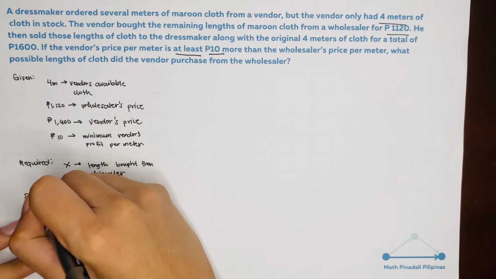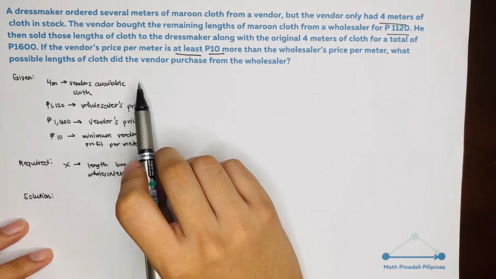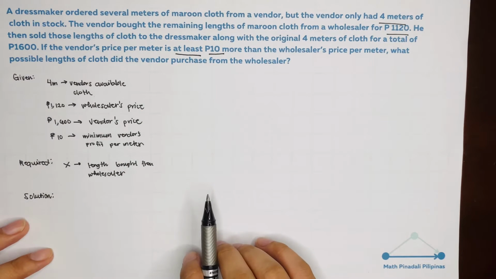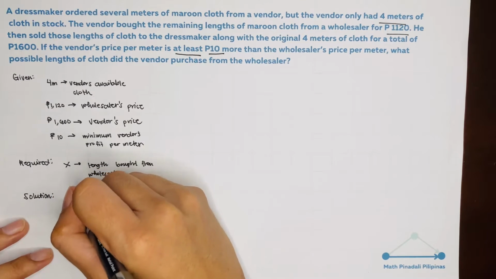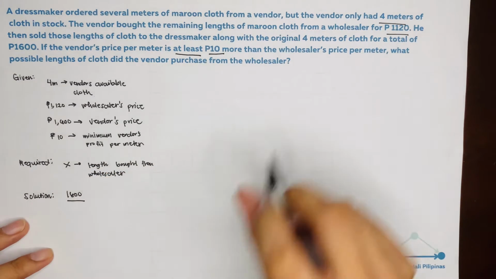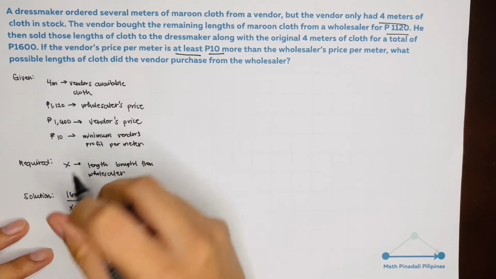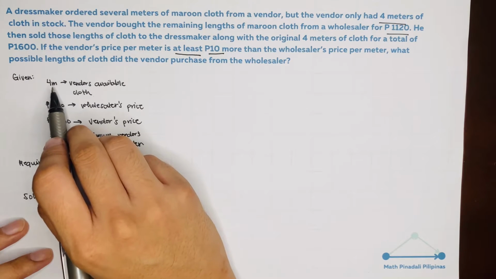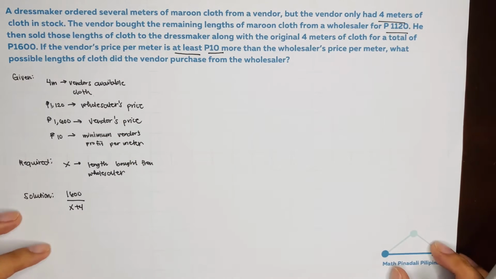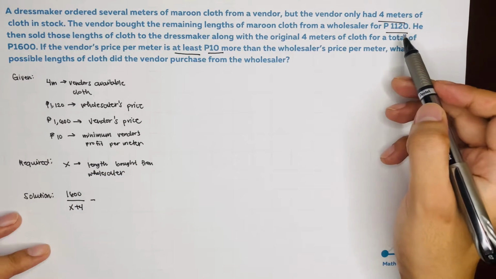let's set up our inequality. To solve this, alamin natin kung magkano nga ba ang bentahan ni vendor ng kanyang cloth. So we have 1,600 over total cloth ng binenta niya, X plus 4. So yung X, ito yung binili niya sa wholesaler. Then we have 4 na initially meron siya. Okay? Minus wholesaler's price.